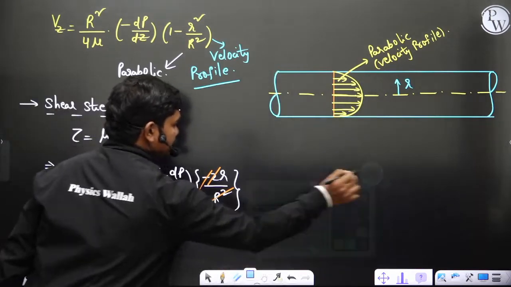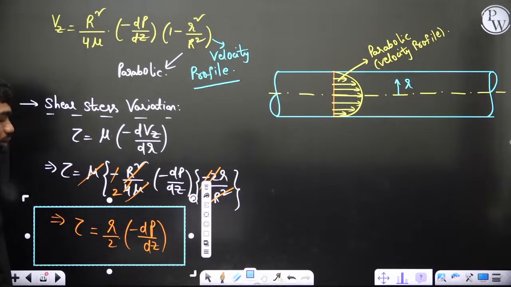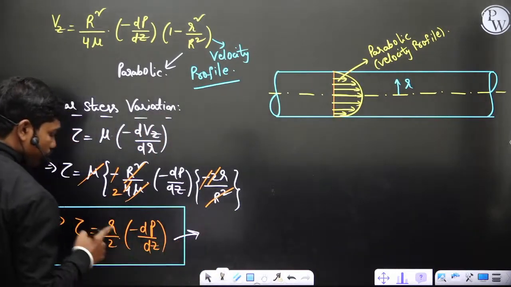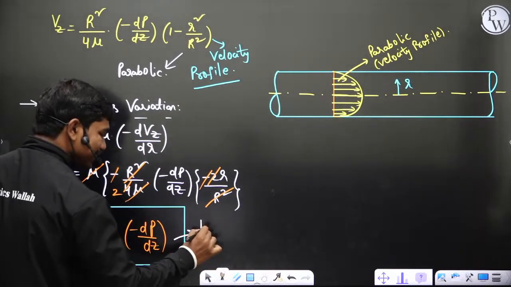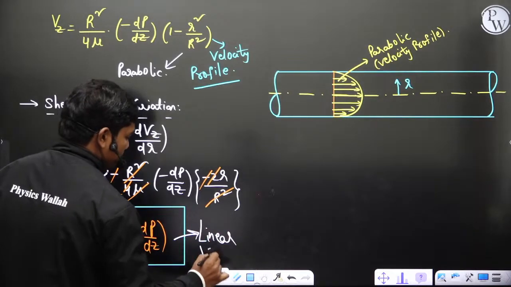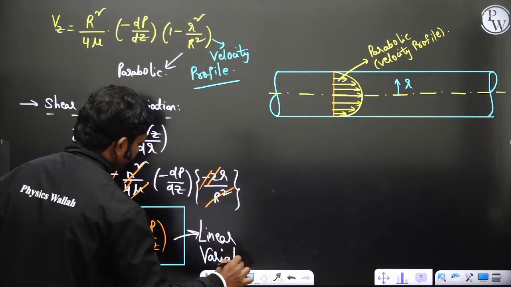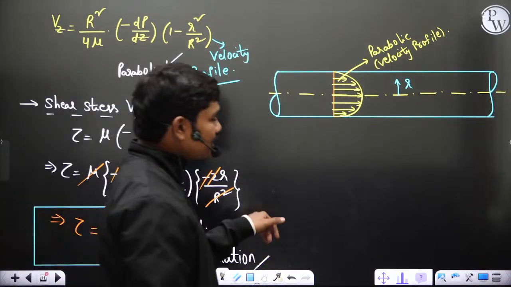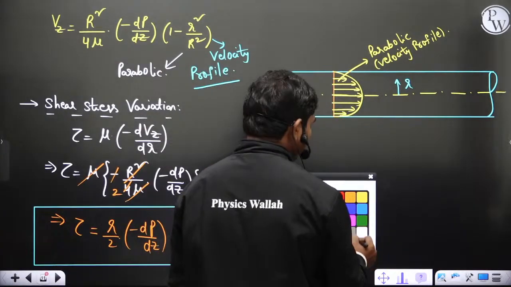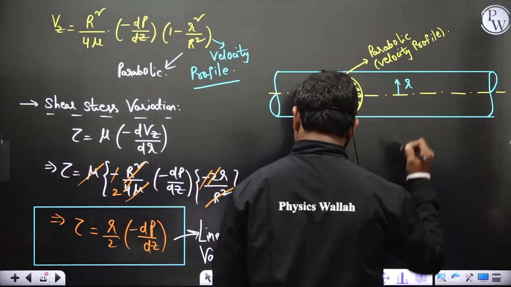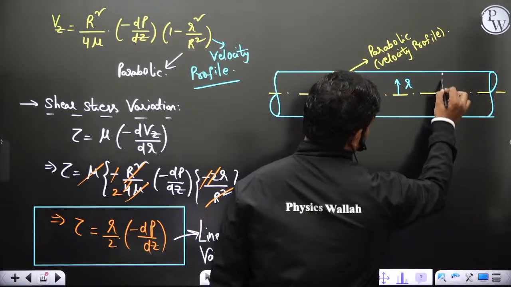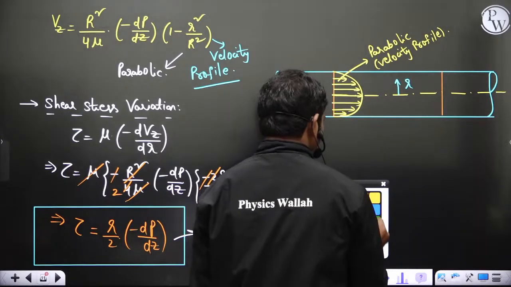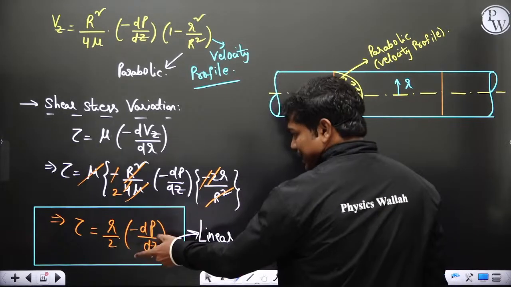This is the shear stress, and it is also changing with respect to radius, and clearly this is a linear variation because you have only one r. So this is a linear variation. Now at any section like this, you can see this is constant.